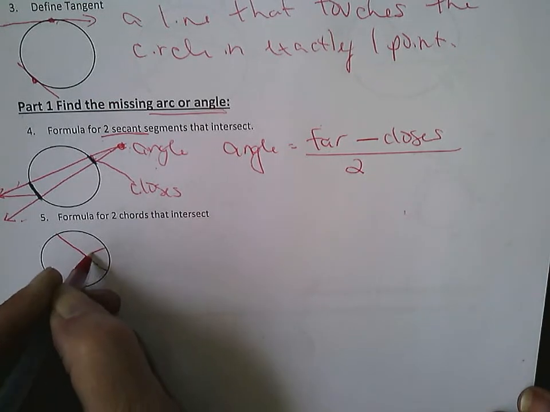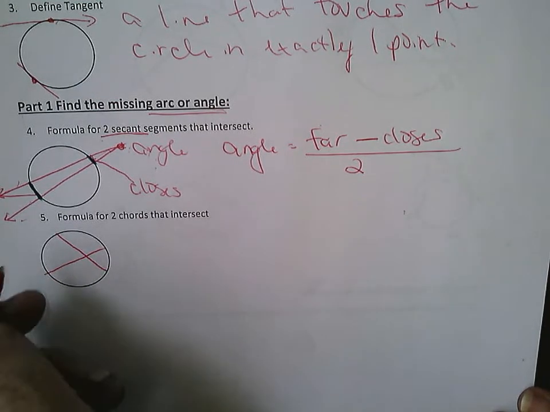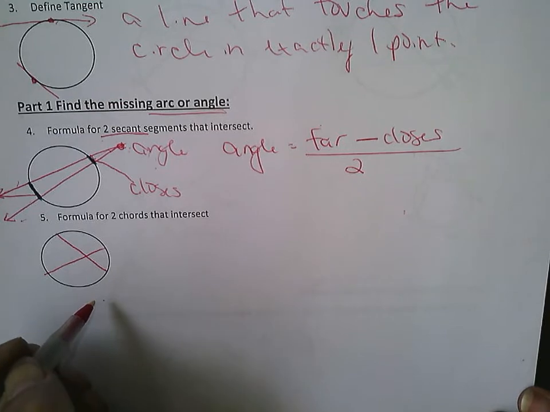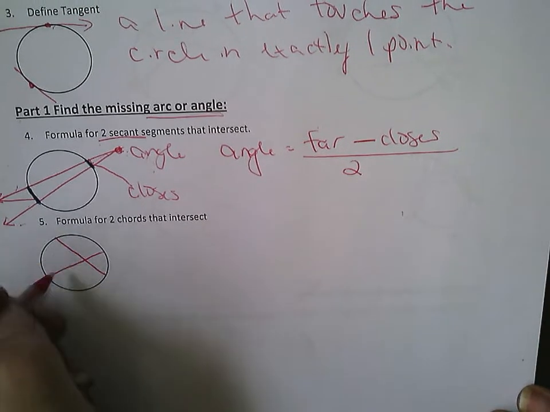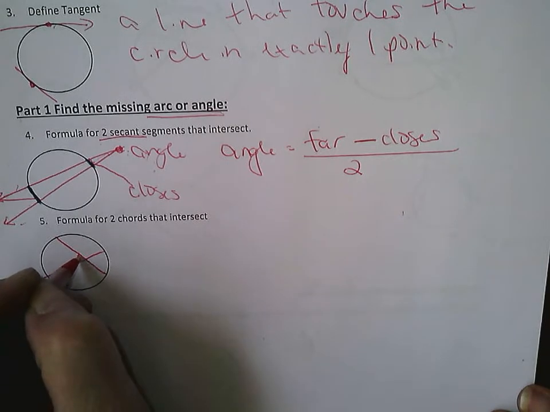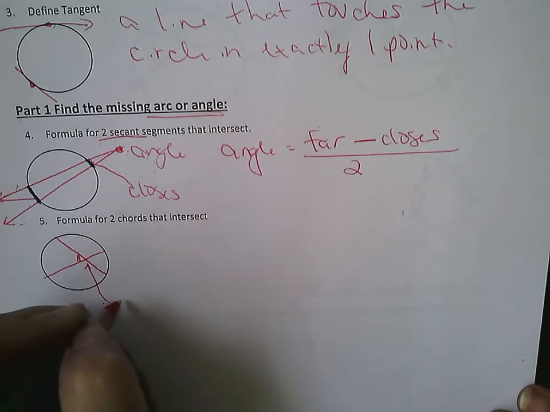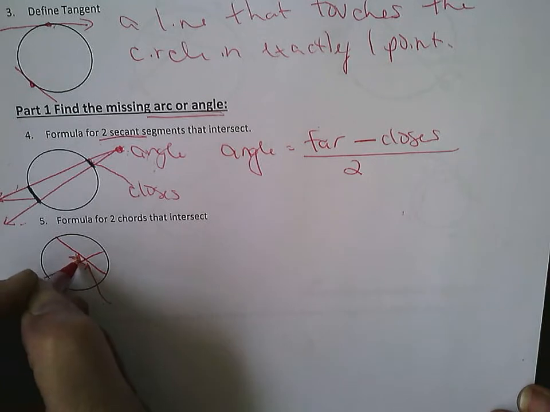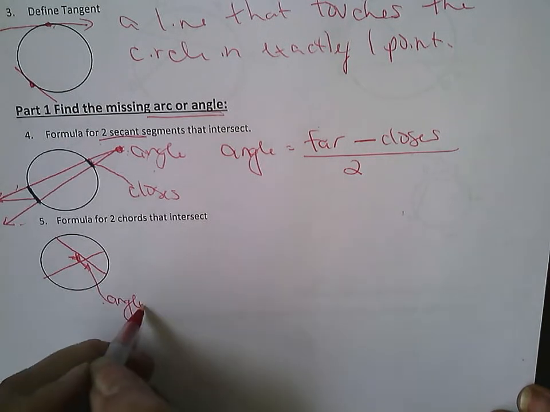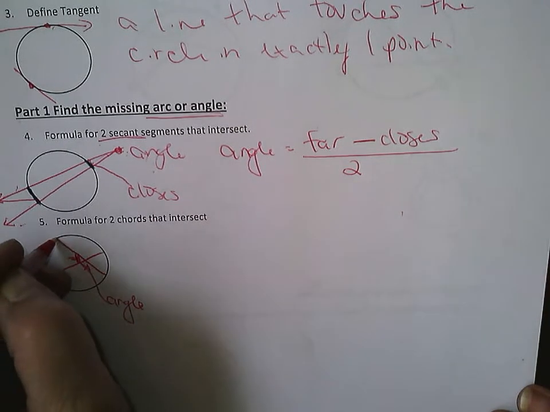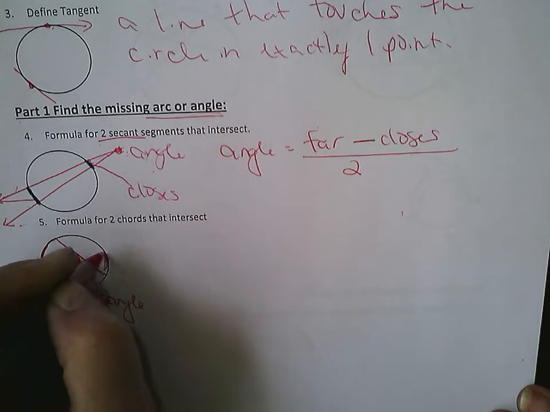it doesn't matter what the chords are, they could be anywhere. We can cut even directly in the center of our circle, although it's not helpful. We're looking at this as our angle, right here, and it has two arc measures associated with it, this one right here and this one right here.